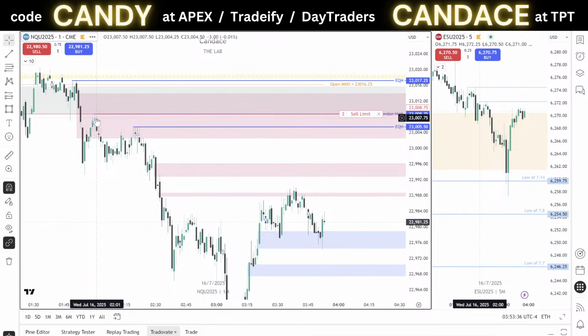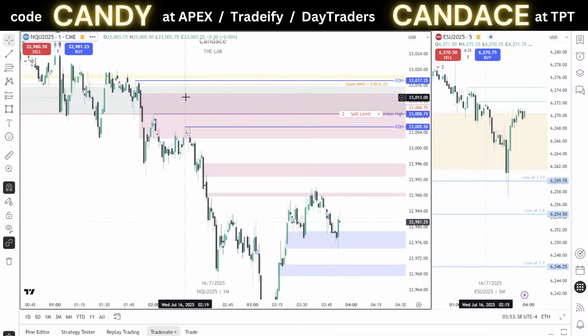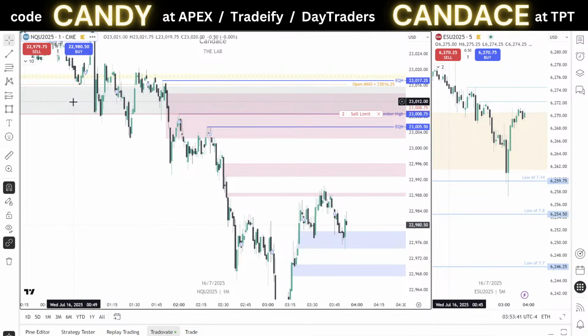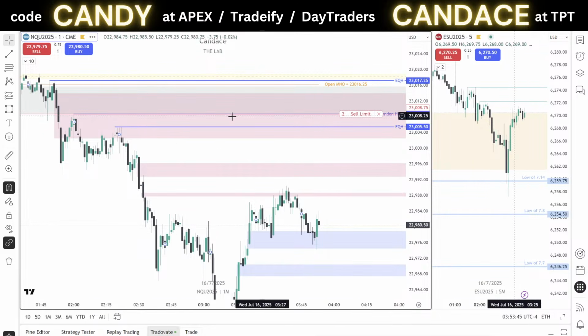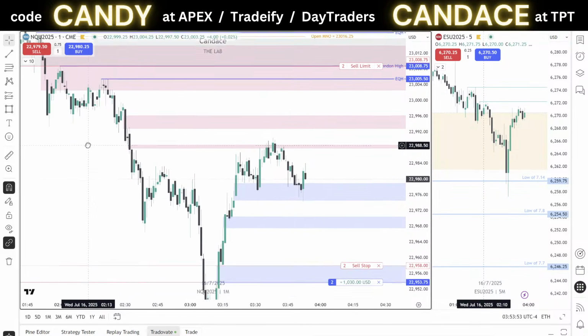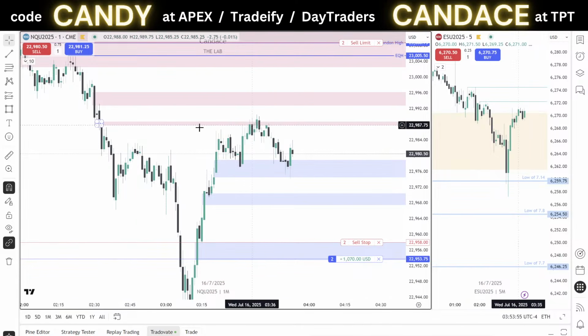So this is the London high, and also this is the 1 hour CB. I put the CB here, that's why. And this is an equal high. Price may react with it, because price reacted with this 1 hour CB, 1 minute CB.